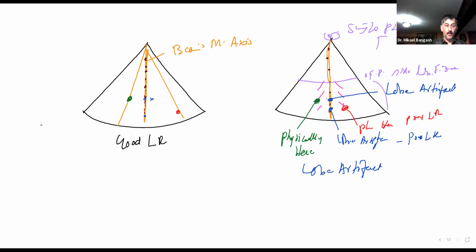Whereas now we have lobes all over, irrespective of the focal point.